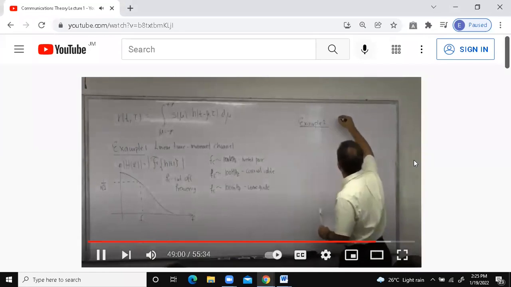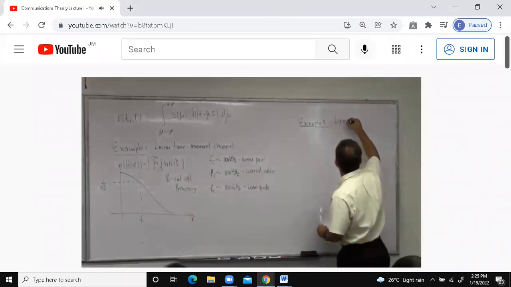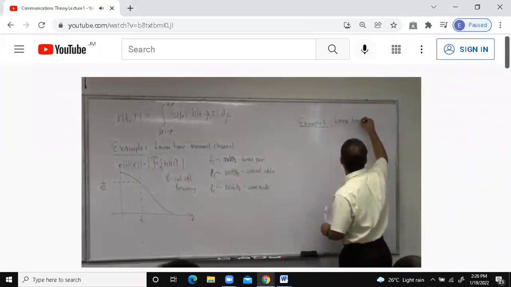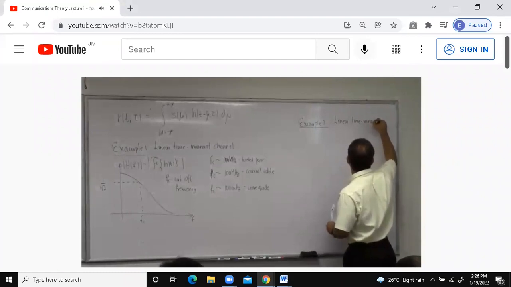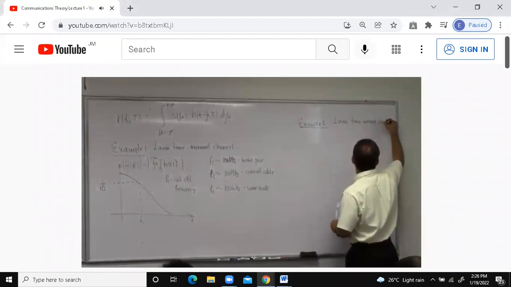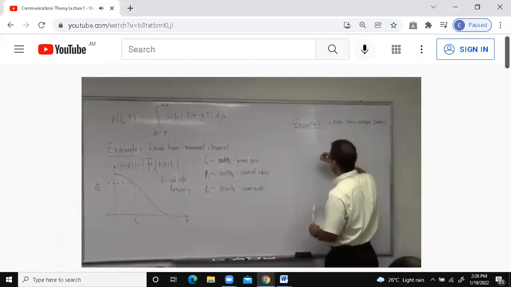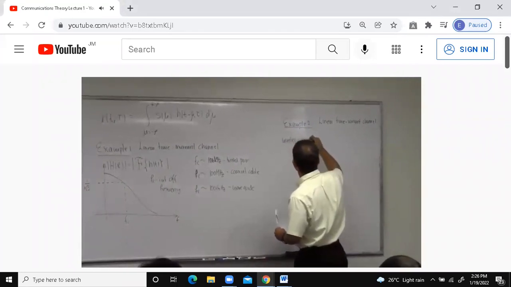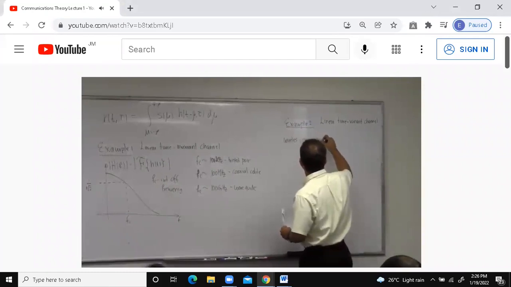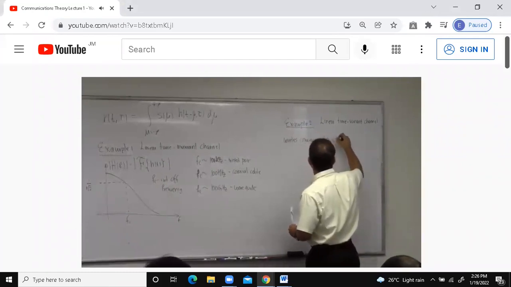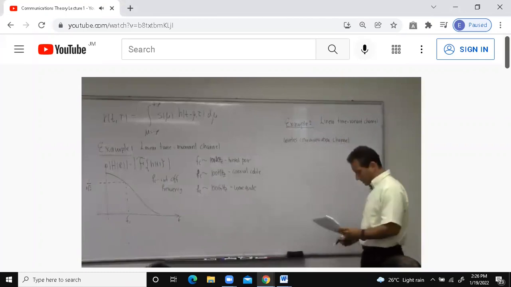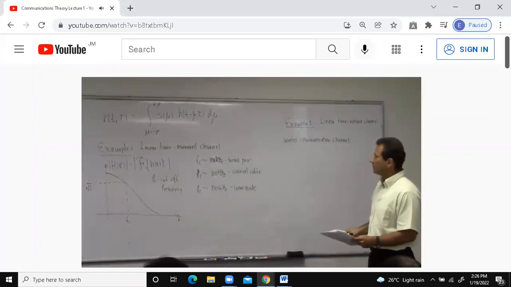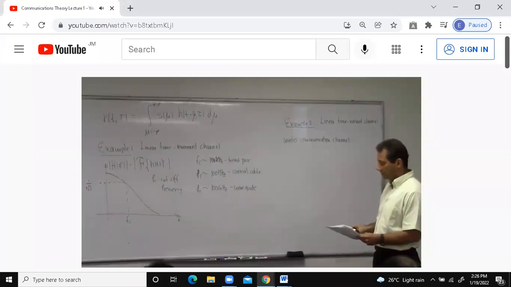Example 2, this is a linear time variant channel. An example of that is your wireless communication channel. So how does the channel look in this particular case?